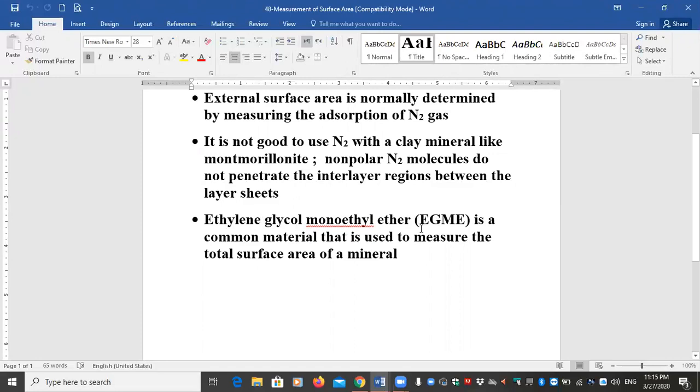We abbreviate it EGME. You cannot, in an exam, write EGME without saying the total name. You cannot abbreviate unless you give the total name. So you need to learn and know the full name. Ethylene glycol monoethyl ether is a common material that is used to measure the total surface area of a mineral.